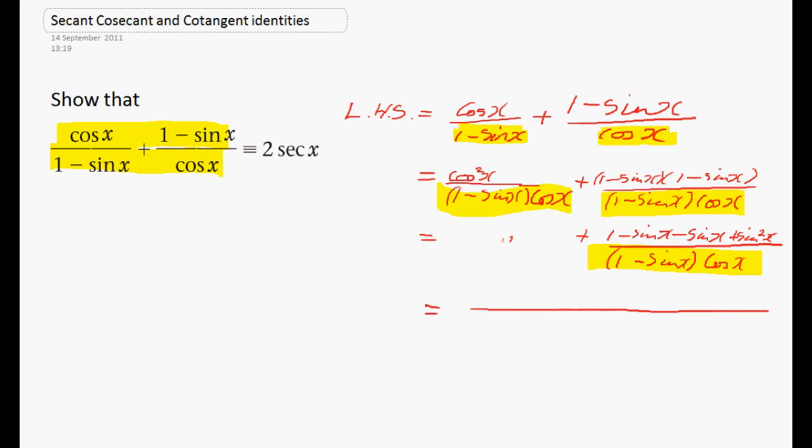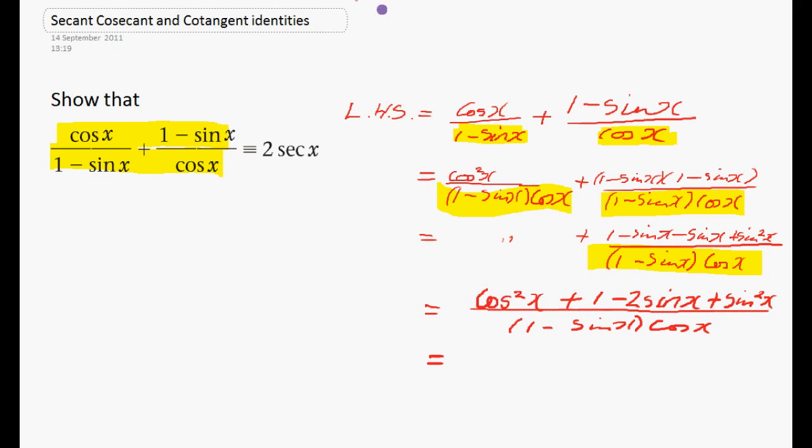So we've got cos squared x on the top, plus 1, minus 2 sin x, plus another sin squared x, all over this 1 minus sin x cos x.